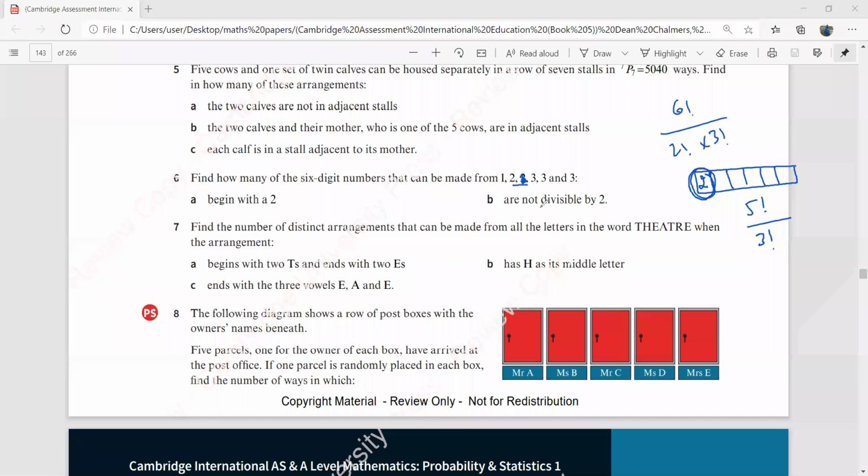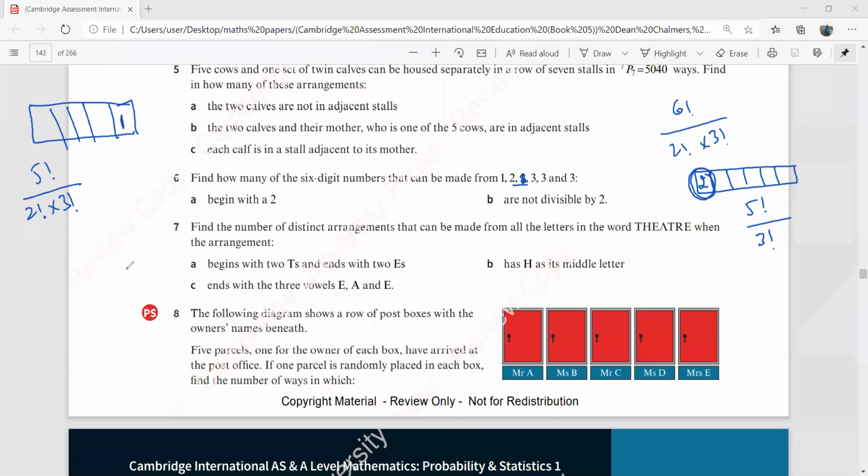Then it says are not divisible by 2. That would mean, let's split this. First of all, you keep a 1 here. If you have kept a 1 here, then for these 5 slots it would be 5 factorial over 2 factorial into 3 factorial.